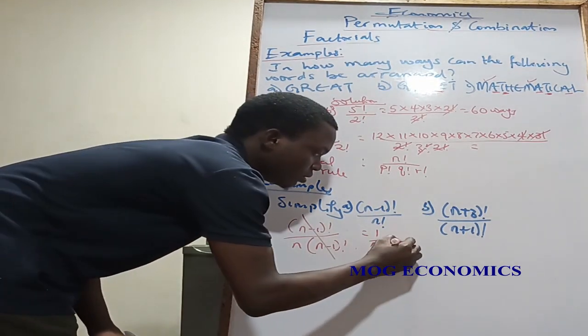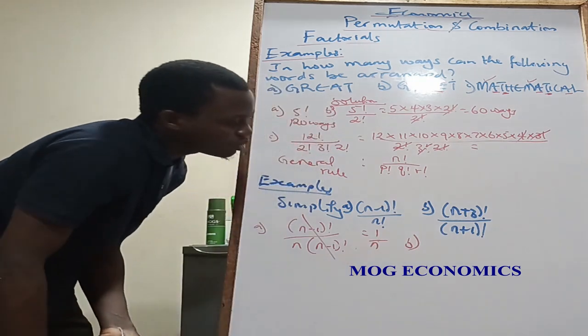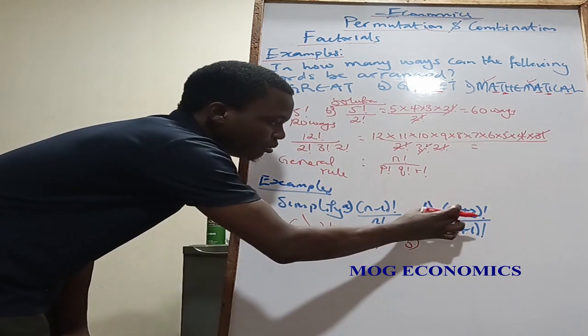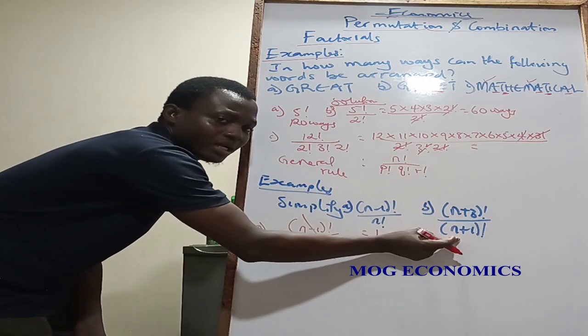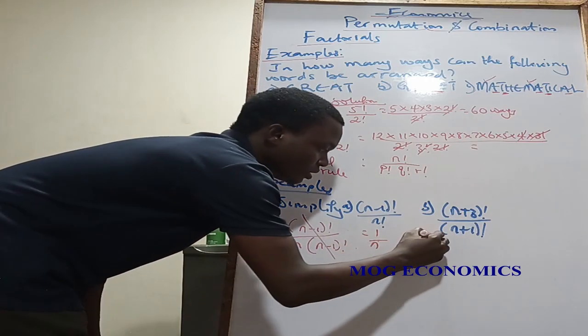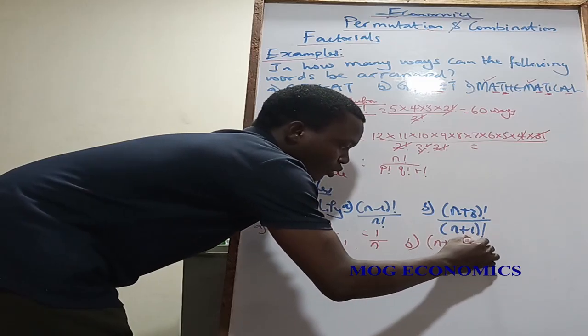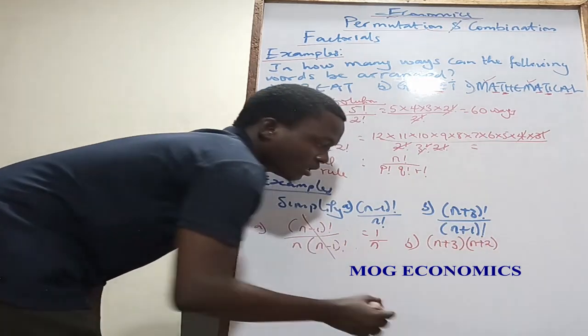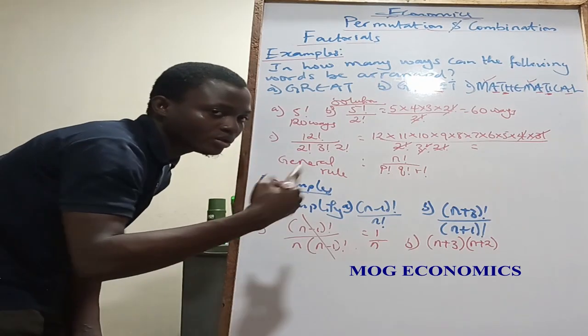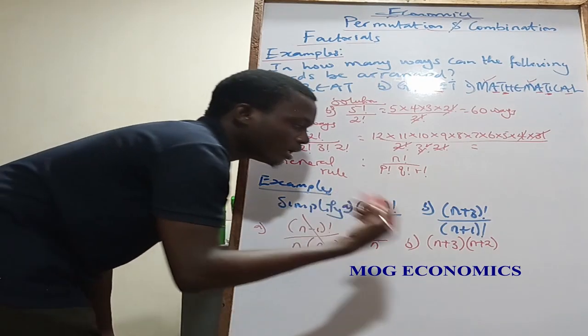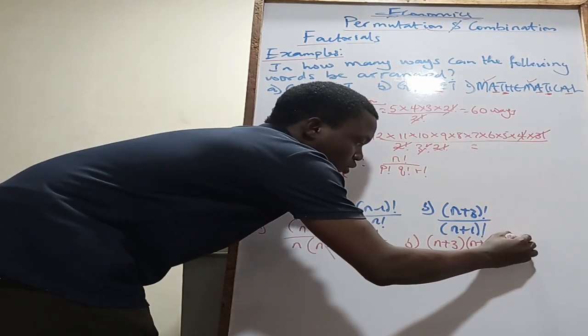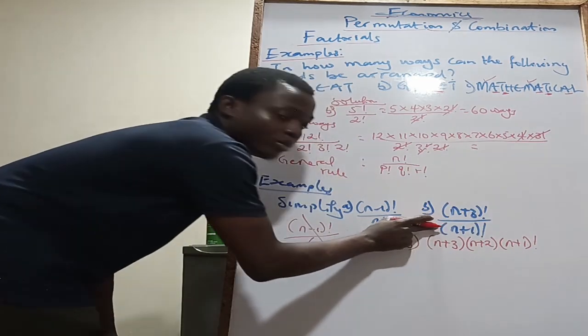Now for B, if we look at which one we can change, if you are removing 1 from this, we might get something similar to this. So this is n plus 3, n plus 2, it keeps reducing. So n plus 3 minus 1. Do you understand? So n plus 1 factorial, because there's n plus 1 denominator here.